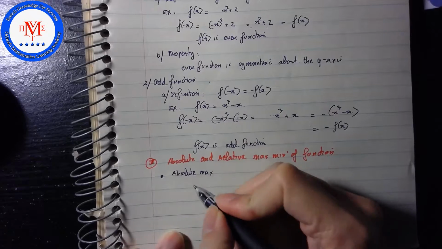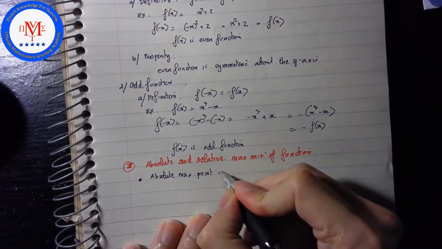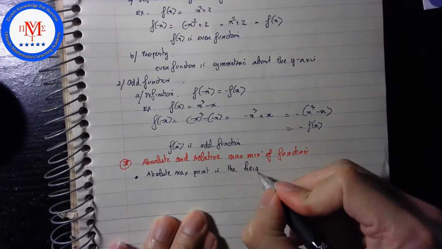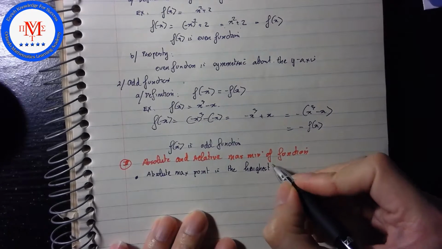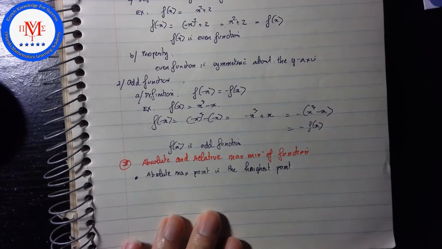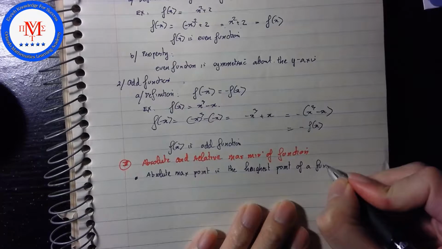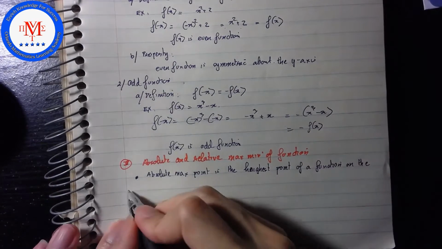Absolute max point is the highest point of the function on the entire domain.